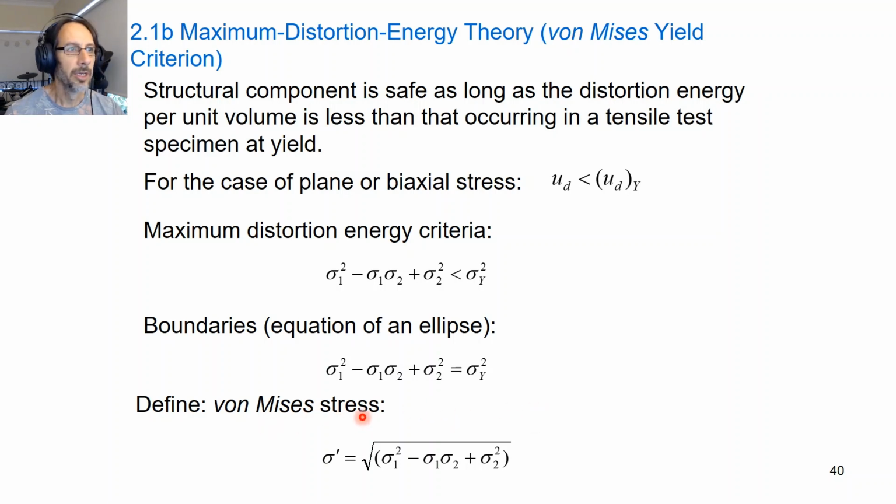Okay, so what the von Mises stress does is to take the complex state of stress, so for example, you've got normal stress in the X, normal stress in the Y, and shear stress XY. It takes that complex state of stress and converts it into a single scalar value that you can compare with the yield stress. Okay.